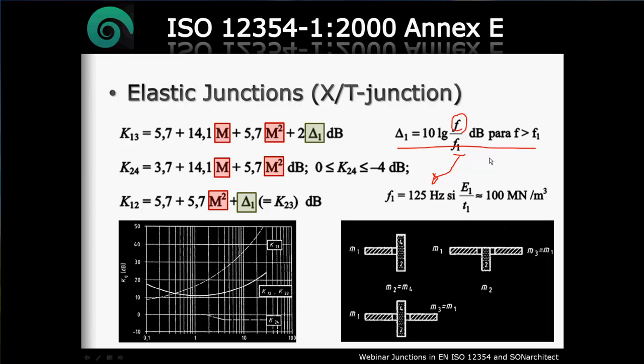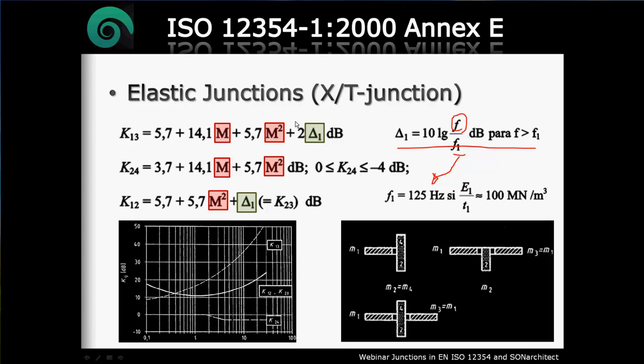But the main idea that I want to remark in this model is that we will have a vibration reduction index that will increase with frequency.